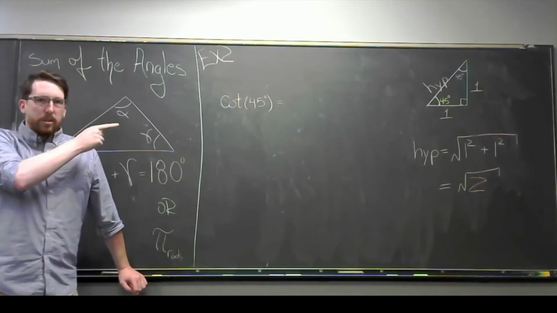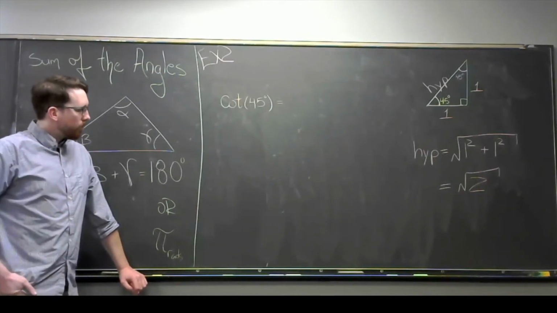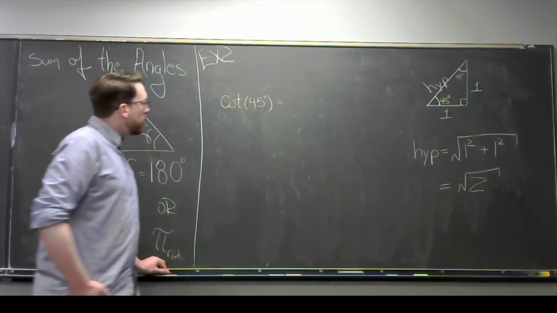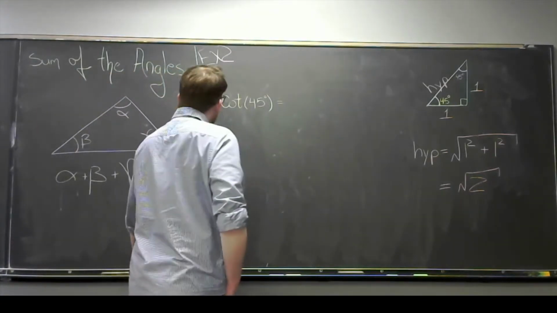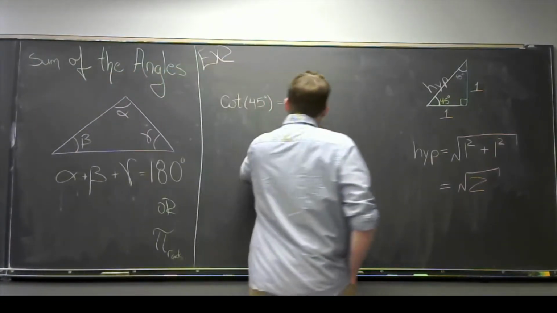Now let's work on this cotangent. Well, we know that cotangent is equal to 1 over tangent.